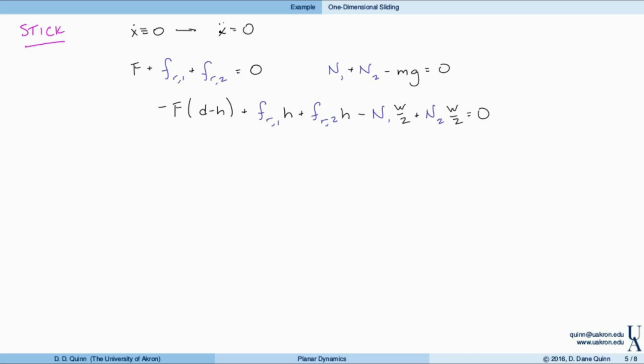So now one of the unknowns, again, was given to us by our kinematic state, namely friction, so x double dot is equal to 0.